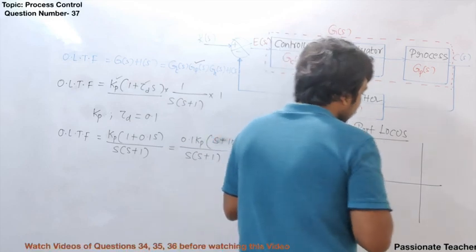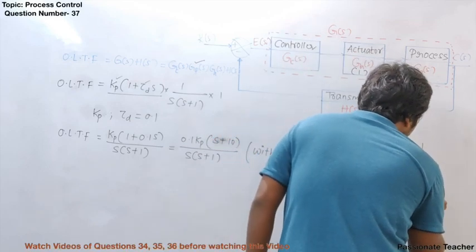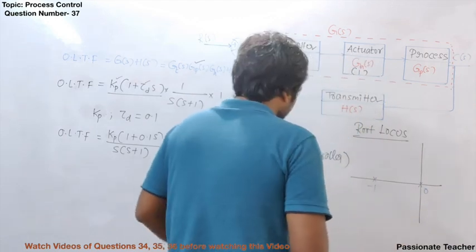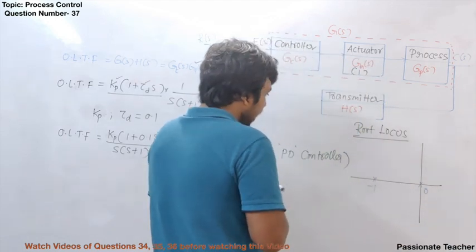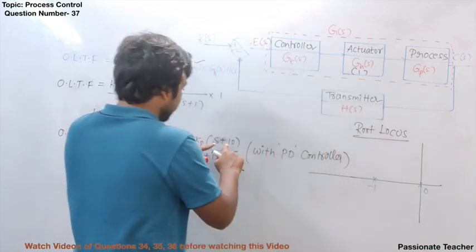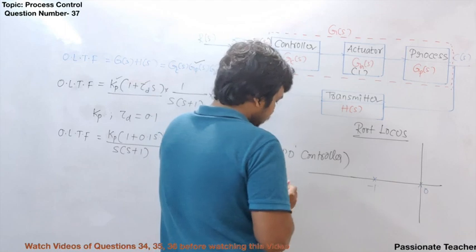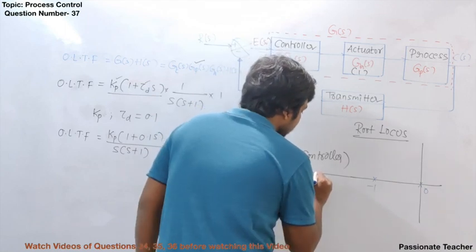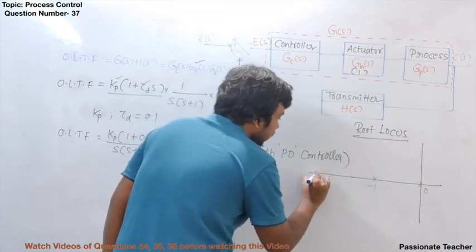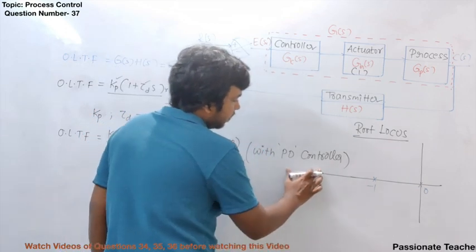One pole is at the origin and another pole is at minus 1, right? The zero, which is added by the proportional derivative controller, is at minus 10, so it will be here at minus 10. This is the zero.